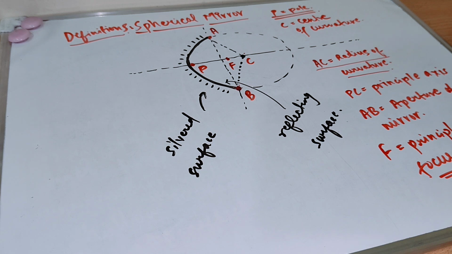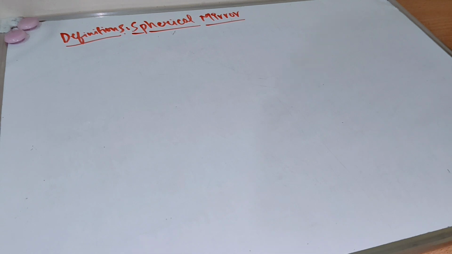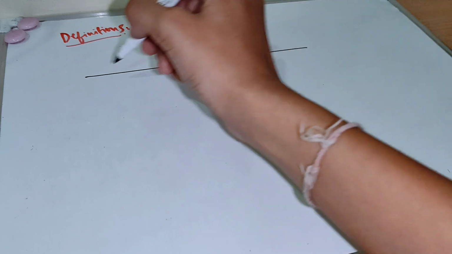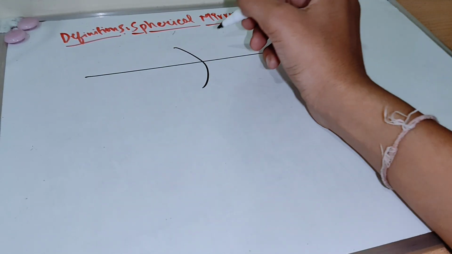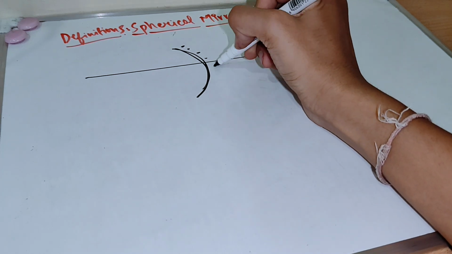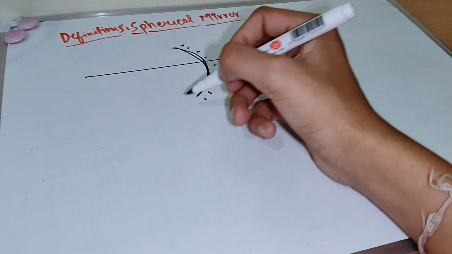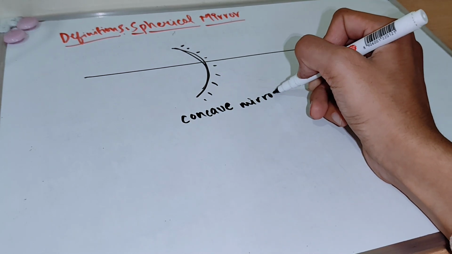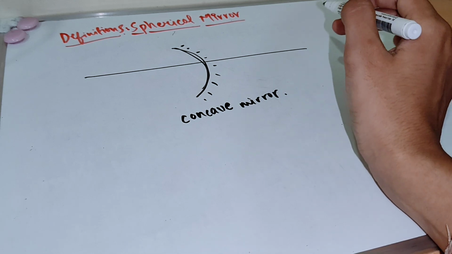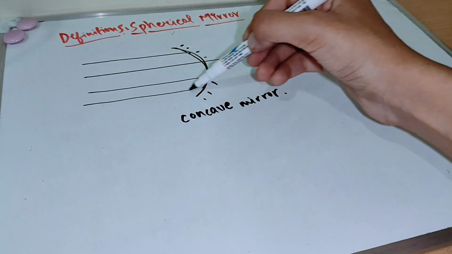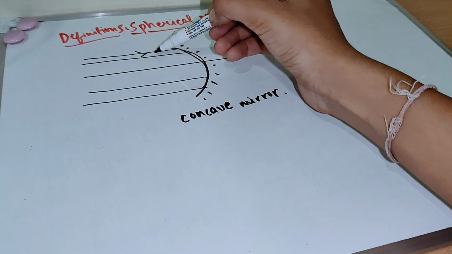So, what is a focus? Let us understand. Say I take a concave mirror over here. I'm going to draw the principal axis always. Now I have a curved surface over here. If I polish it from here, now I know that this is a concave mirror. So let's say that there are incident rays coming onto this surface.